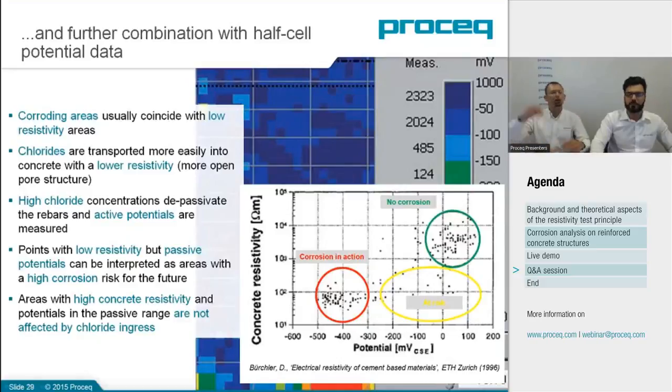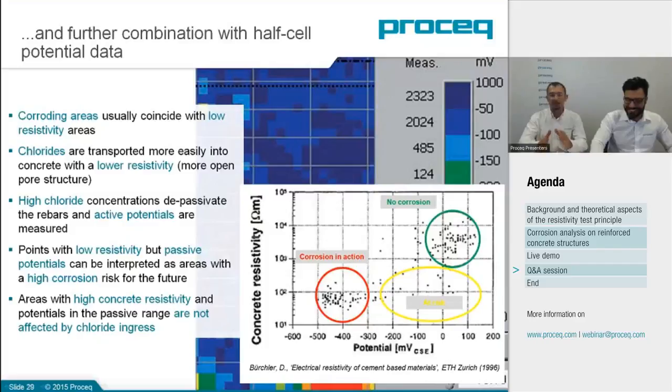We're not trying to model anything here. We're just looking at facts and assigning different risk to different areas. Negative potential, low resistivity: risk. High resistivity, low potential: nothing is happening, and probably nothing will happen in the near future.